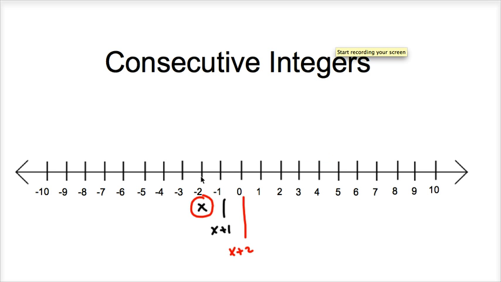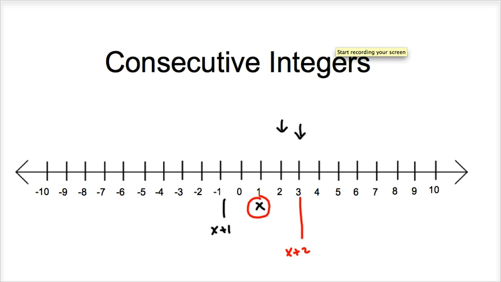Another terminology we may see here is consecutive odd integers or consecutive even integers. If we're starting at 1, the next consecutive odd integer would be not 2, but 3. So how do we get from 1 to 3? If x is 1, hypothetically, in order for me to get to 3, I would have to do x and x plus 2.